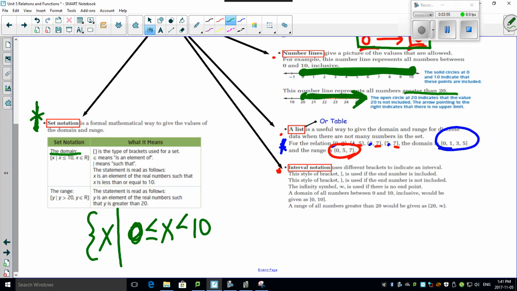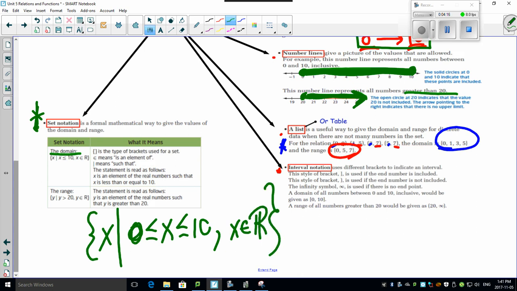And there we go. That's how you would represent it. But you would also tell me what we are talking about. We're talking about real numbers, so you should actually include in this, comma, x is a member of the real numbers.